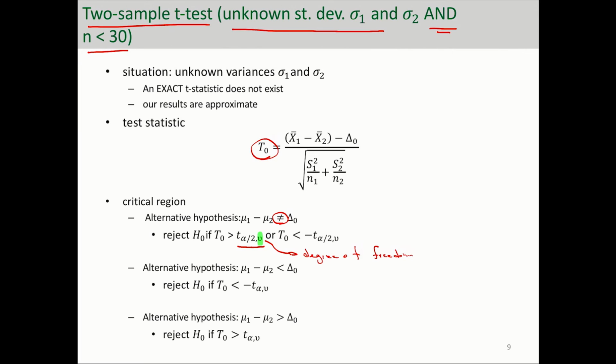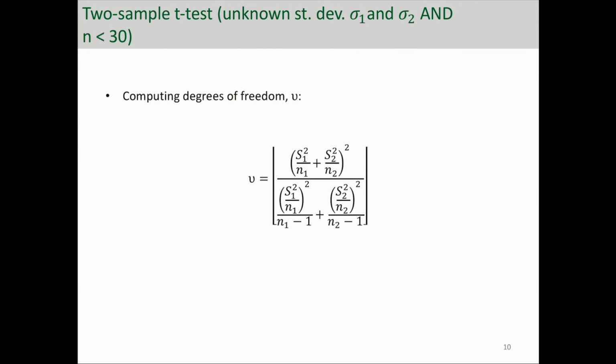What is nu? How do we determine nu? Because you see it in one-sided tests as well. The way we calculate the degree of freedom is here. Degree of freedom is a function of sample standard deviations, S1 and S2, and sample sizes. So once you calculate that, this here is the round-down operator.